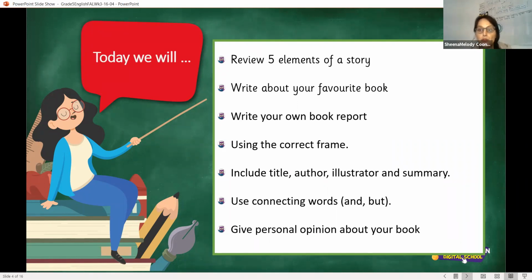Obviously not in a rude way. We're going to be well-mannered, okay? So you say in a nice way, I didn't like the book because there was too much detail and I got a bit bored and I wanted to see what was going to happen and it was too slow. That can be your opinion. Or you can say, oh, it was so exciting, I couldn't wait to turn the page. All right, so it can be like that.